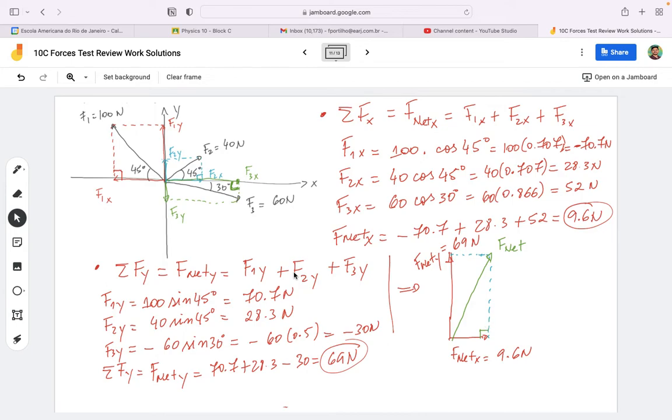And so since this leg is equivalent to that, we're going to use 69 solely here, right? So we do Pythagorean theorem in order to calculate it.